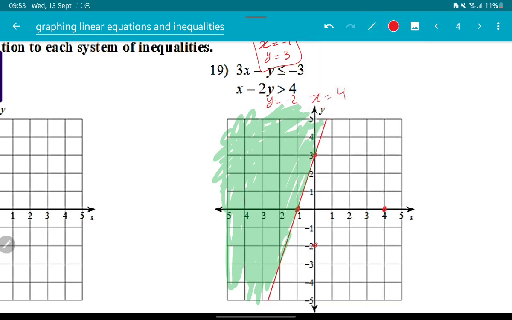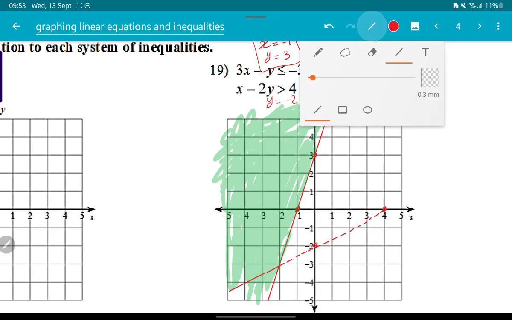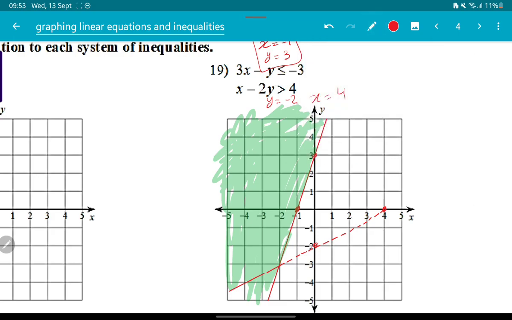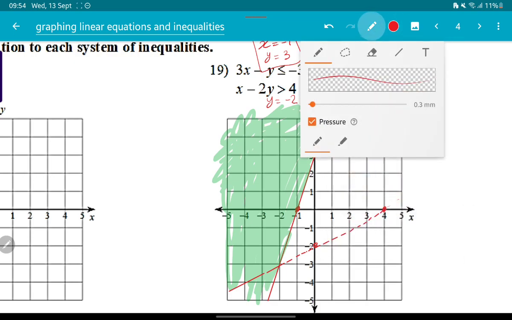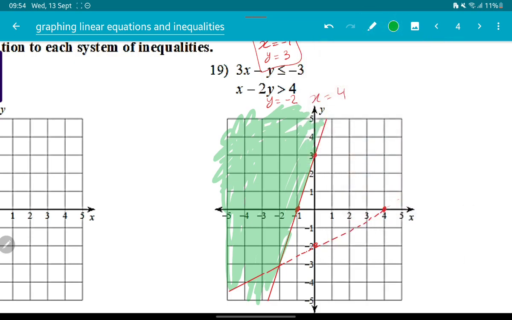Solid or dotted, it's dotted because it's only greater than. Test the 0 to see which part to take, up or down. 0 minus 0 is not greater than 4, so we cannot take this part. We should take the opposite part of the 0. So we can shade this area.